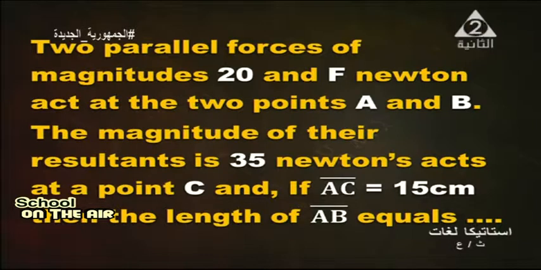Remember, my dear student, the resultant of the two forces 20 and F is 35, which is more than 20. The resultant acts at point C. If AC equals 15 centimeter, then what is the length of AB?